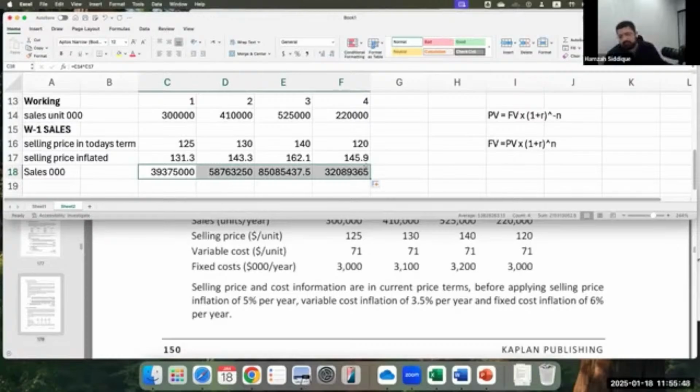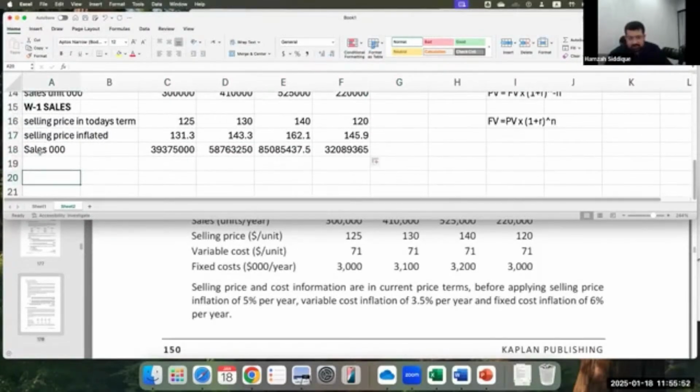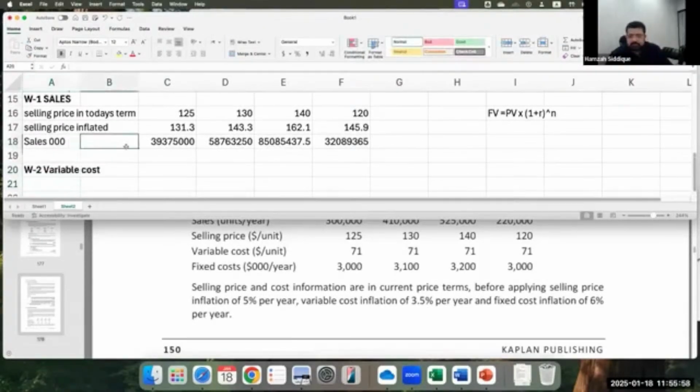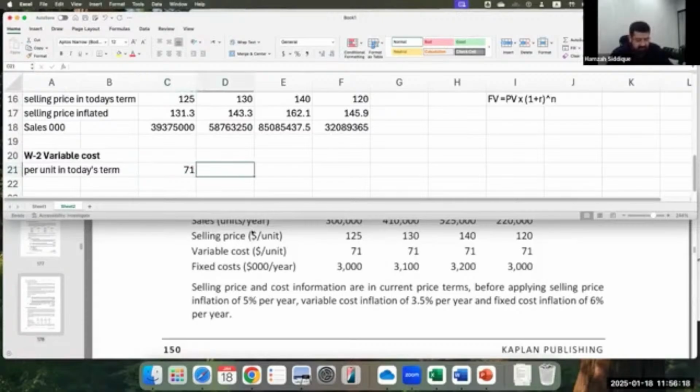Now the next is variable cost. Working 2: variable cost per unit in today's terms. It is the same every year.